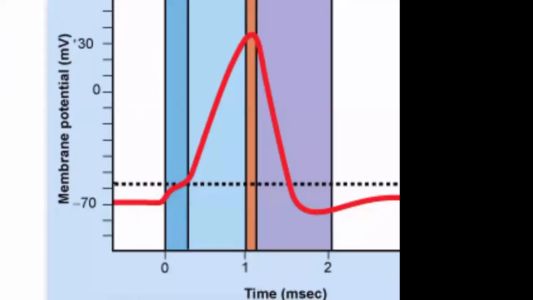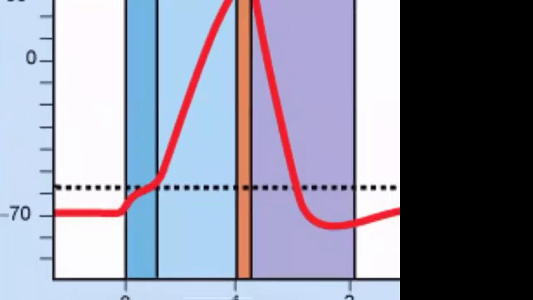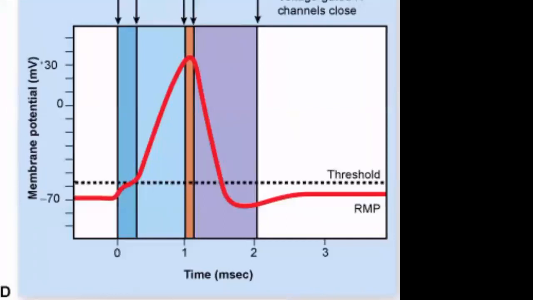And there would be no change. It would be as if nothing happened. So there has to be enough positive charges coming in to break this and get it right to that dotted line. And then once that happens, well, then the channels will really open up and sodium comes flooding in, which is why we see that spike in electrical current there.